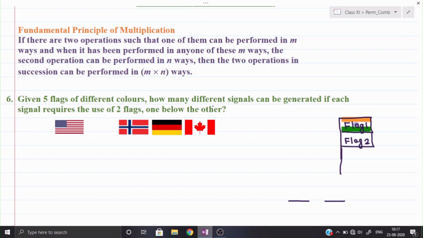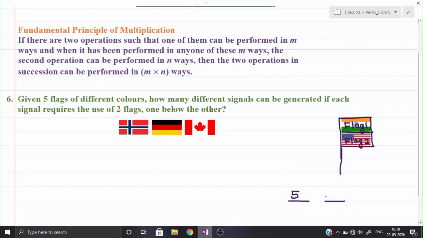So here the second time I can take the flag of another country, this one, and we can say that the signal has been made. Tell me, when I was posting the flag of India, how many flags were available? At that time I had 5 flags available.